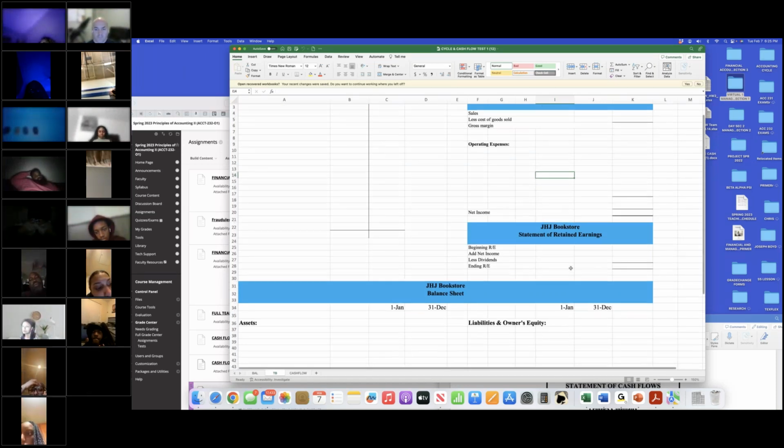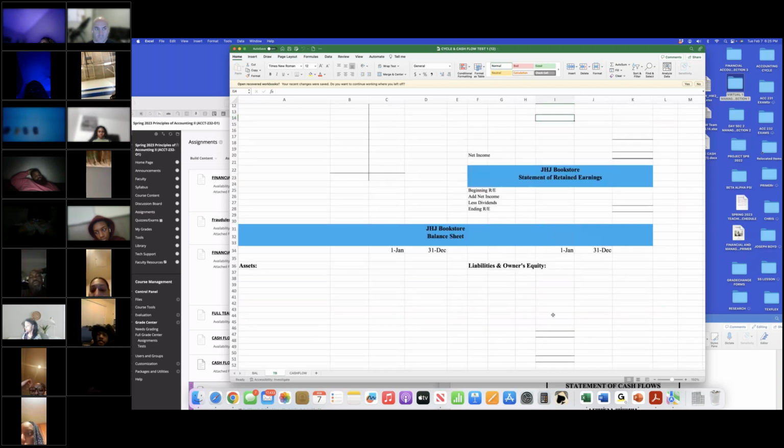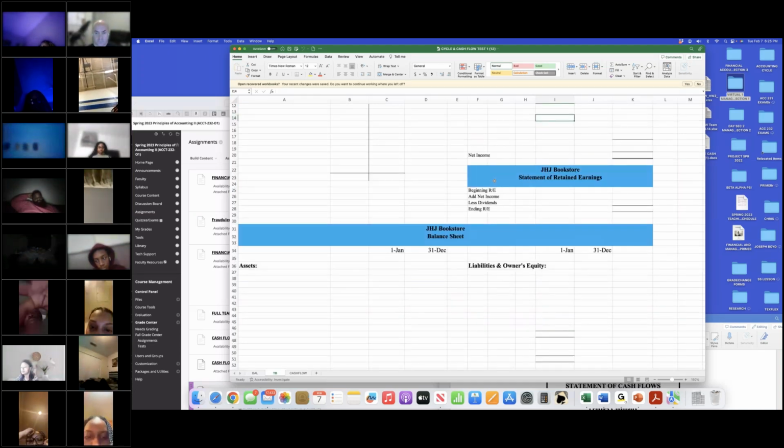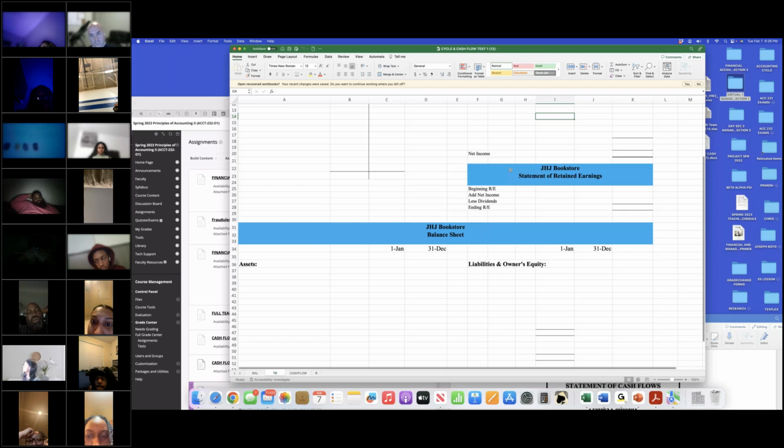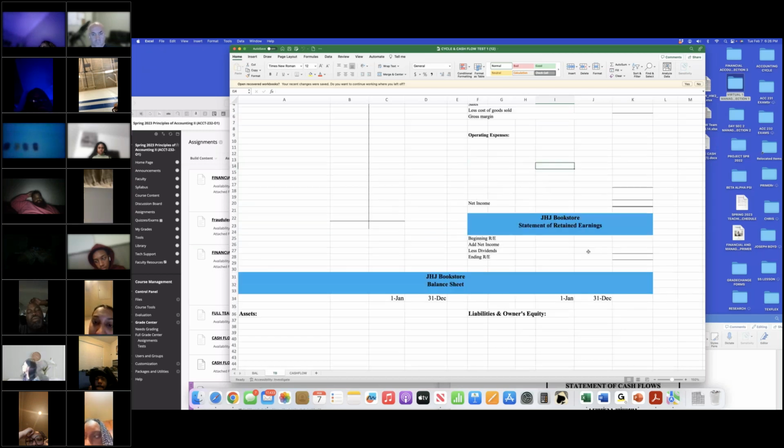In the past, I gave you the income statement. You've got to make them yourself. Then once you've got the income statement, your statement of retained earnings and your balance sheet, the next thing you do is the statement of cash flow. So this is attempting to pull everything together.